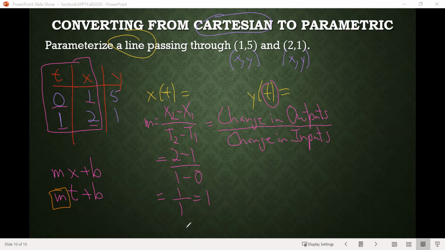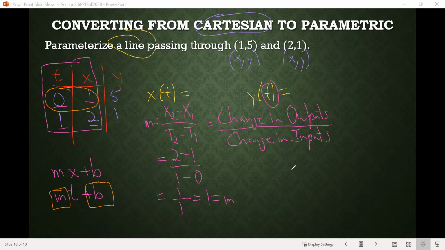So for our x formula, the slope value is 1. And we have to find the value for b, which we know is our vertical intercept. Remember, the value for b can also be thought of as the value where the input is 0. In this case, we actually know that, right? For an input value of t equals 0, we see that our output value for x is 1.